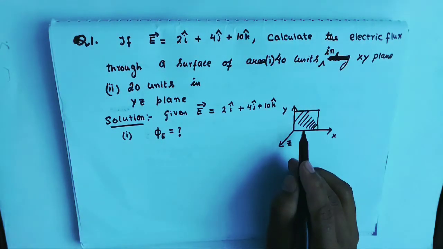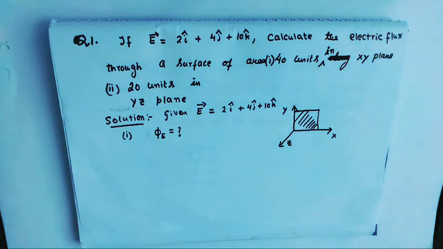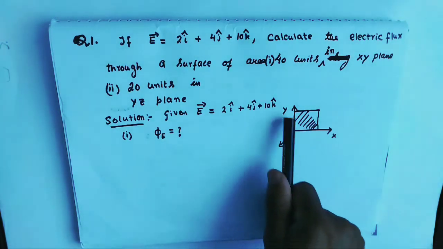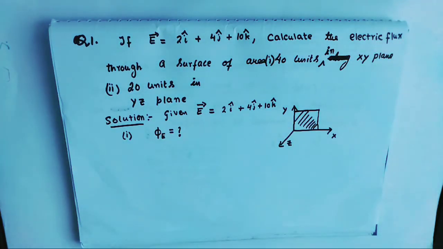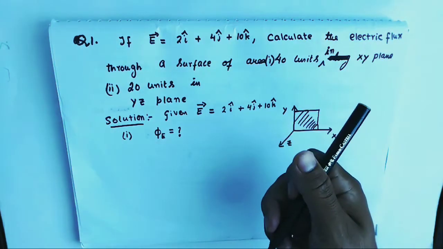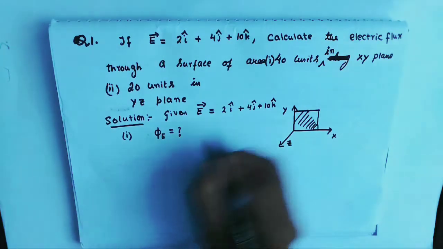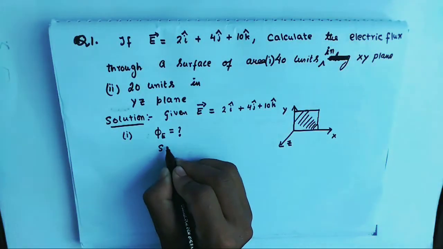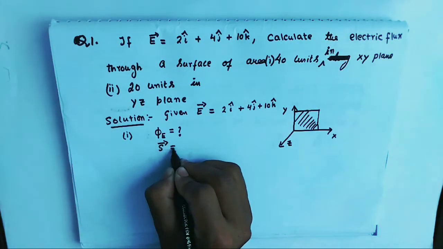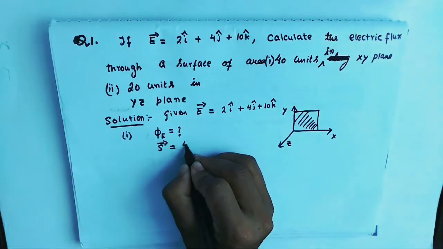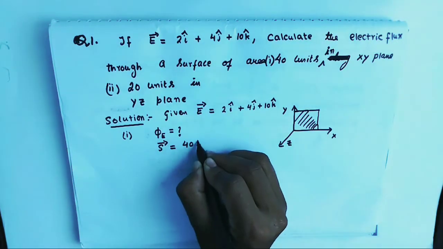In which direction? The area formed by X and Y, so the area of the XY plane is in the Z direction. Therefore, the surface S is nothing but equal to 40 k cap.